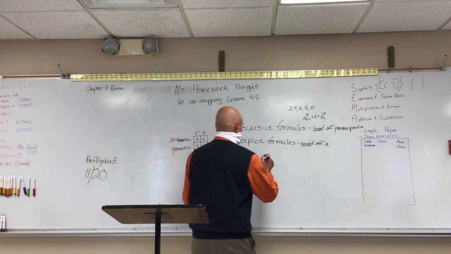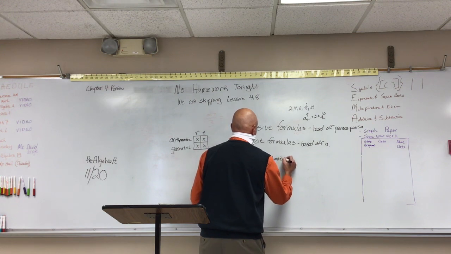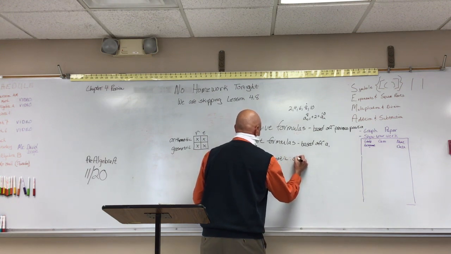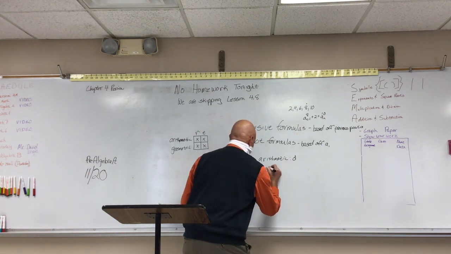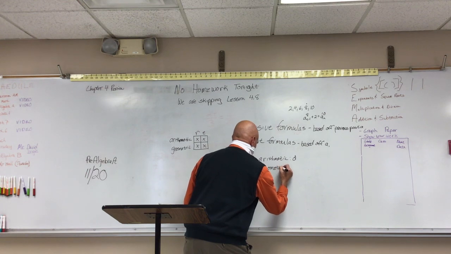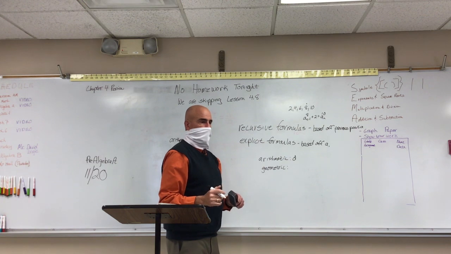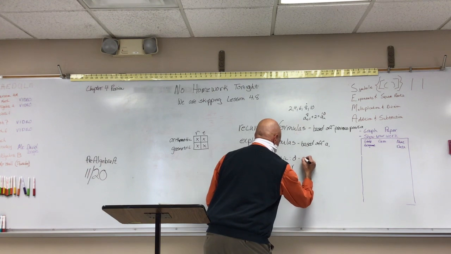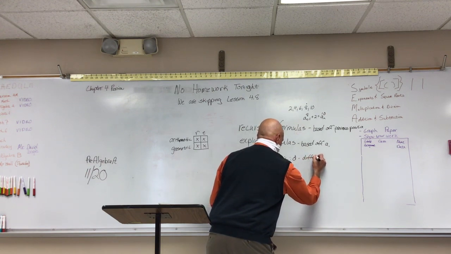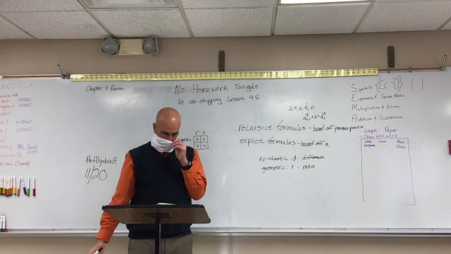So for arithmetic, we had D as the difference, right? And for geometric, R, that's right. Very good. R, right? This is difference. And this is ratio. Or the common ratio, right?